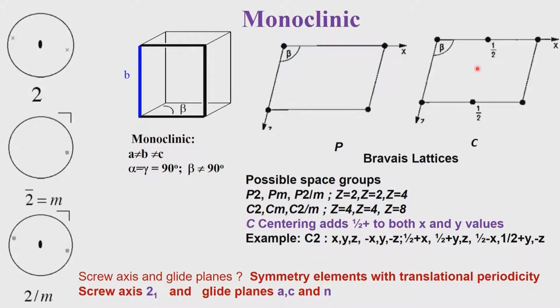Now, because of the presence of the C centered lattice, if there is an x, y, z, we will have a half plus x and a half plus y. So, the presence of half plus x, half plus y and z will create a position up there corresponding to the value of z. Notice that minus x, y, minus z will take it there, whereas the half plus x then half plus z will take it to the position which is different. So, we will have therefore 4 equivalent points after we do unit translations.